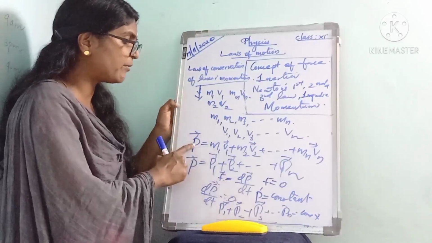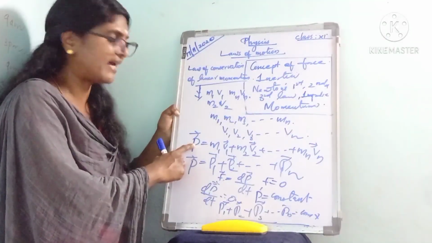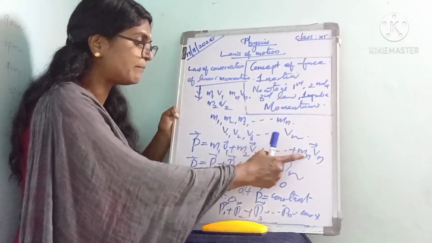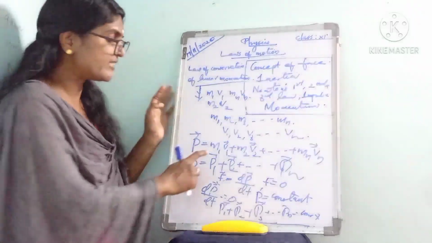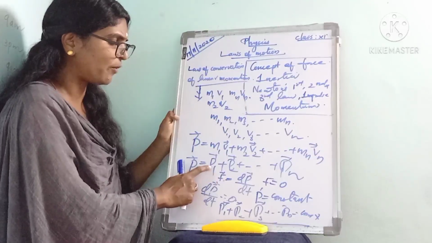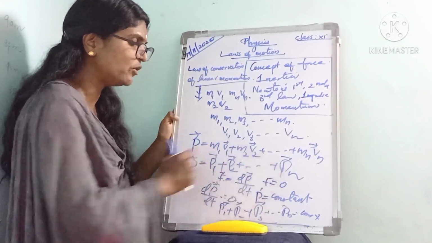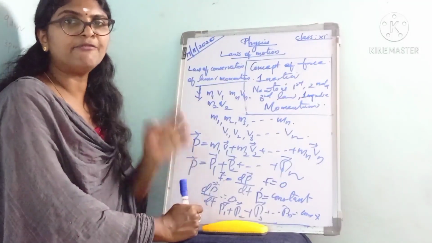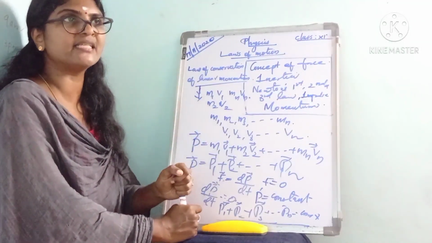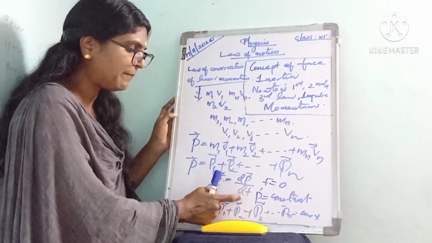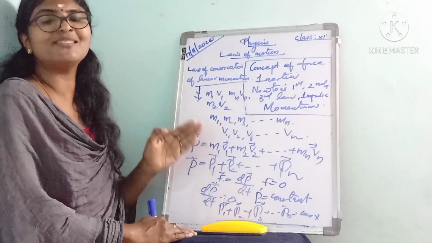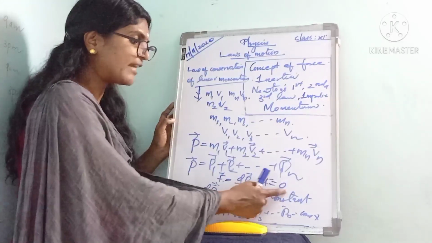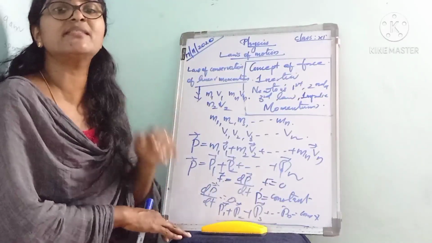Then the total linear momentum of the system can be represented as P is equal to m1 v1 plus m2 v2 plus etc. up to mn vn, and instead of m1 v1 we can write p1, so p1 plus p2 plus etc. up to pn. Then by Newton's second law, if F is the force acting on a system, then F is equal to dP by dt. Here we considered it as an isolated system.